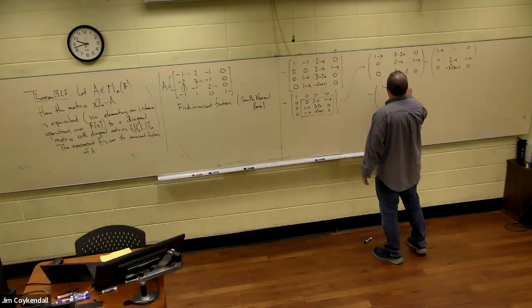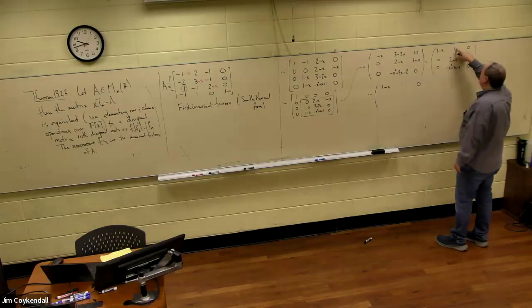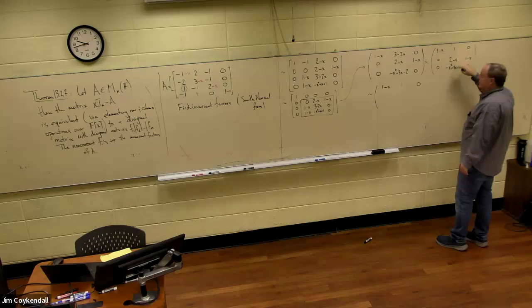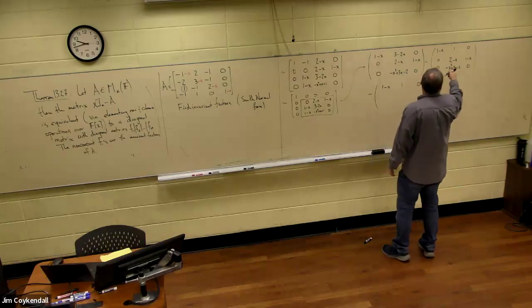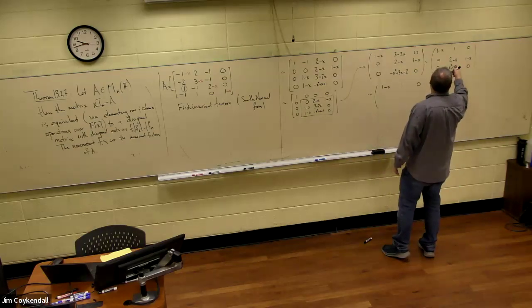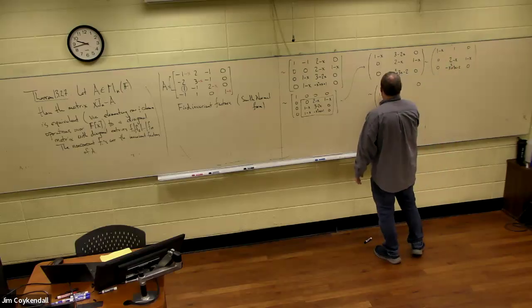1 minus x, 1, 0. First I'm gonna multiply this by x minus 2 and add it here. So that's going to be, what did I say, by x minus 2? So that's going to be 1 minus x times x minus 2.